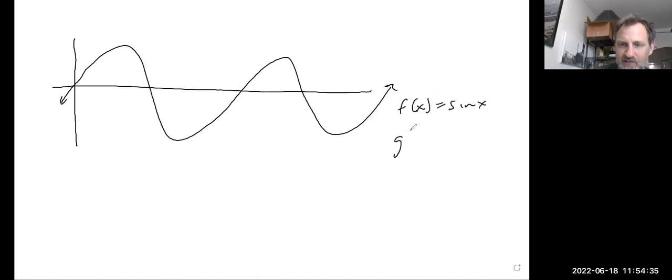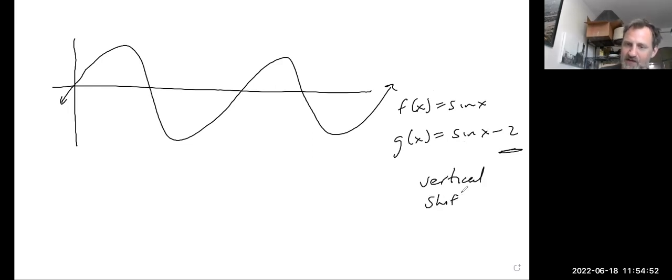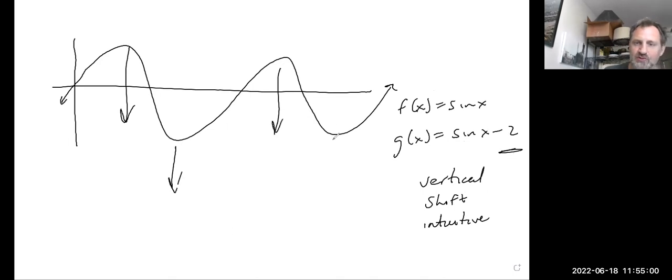Let's say that I want g of x equals sine x minus 2. What happens? Well, again, using my little table analysis, -2, this is outside, so that tells me that it's vertical, and it's a shift because it's plus or minus. It's intuitive because it's outside, so -2 should be a drop of 2. I'm just taking this whole thing down 2.